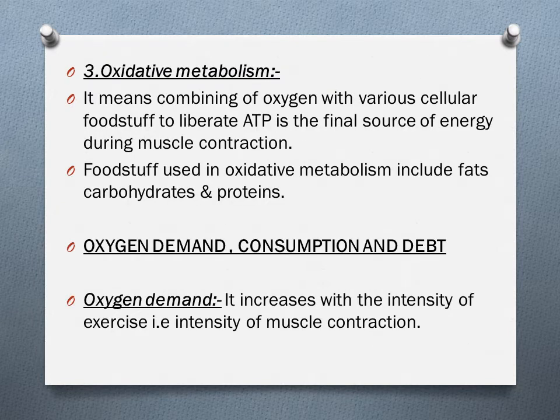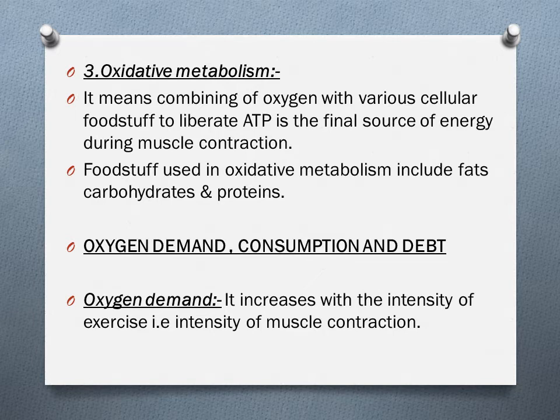Now coming to the third process, that is oxidative metabolism. It is also a source of energy production. What is oxidative metabolism? It means combining of oxygen with various cellular foodstuffs to liberate ATP, the final source of energy during muscle contraction.